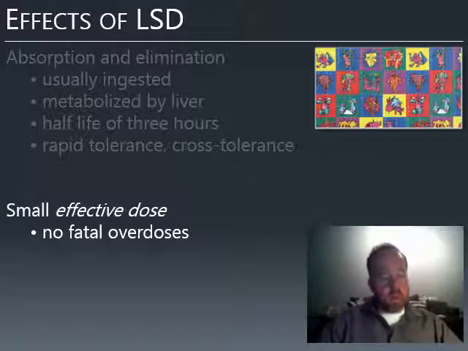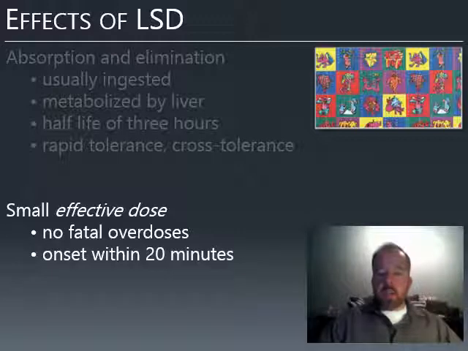So it's more than any person would ever intentionally take. And still in humans, there have been no reports of fatal overdoses based on LSD alone. Now, of course, the behavioral effects of LSD can cause someone to put themselves in danger. They can think they can fly, for example, or they can be impaired if they're driving. But LSD itself has not caused a fatal incident.